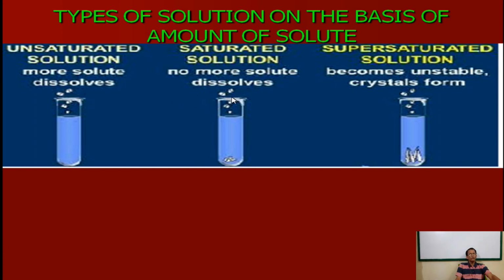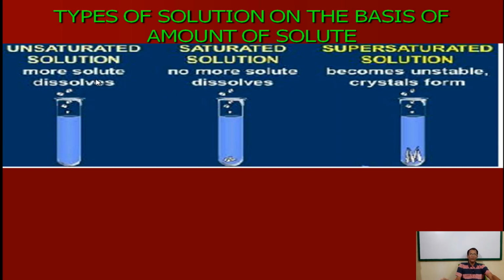If no more solute will be dissolved, that is called a saturated solution. If an excess amount of solute is dissolved when the saturated solution is heated, that is called a supersaturated solution.